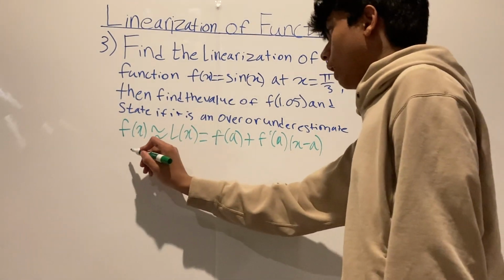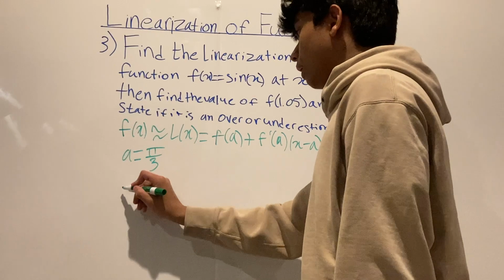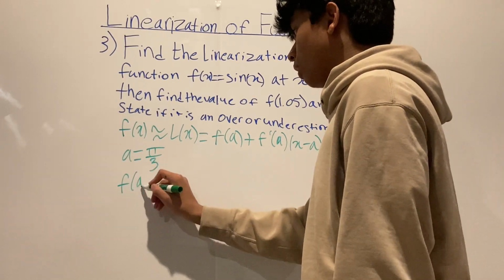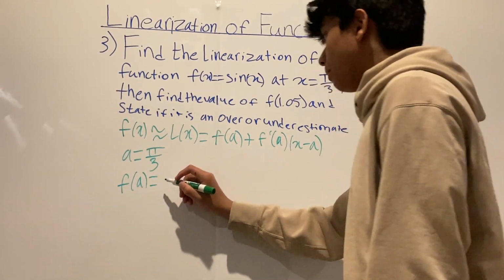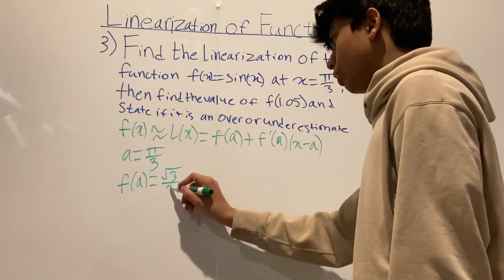So a we have to be pi over 3, and f of a is sine pi over 3, and that's going to be root 3 over 2.